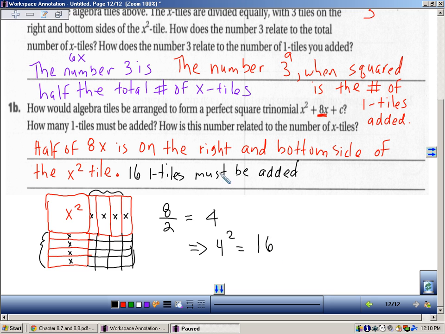How is the number of x tiles related to the number of 1 tiles added? It's this. I'll use a different color.